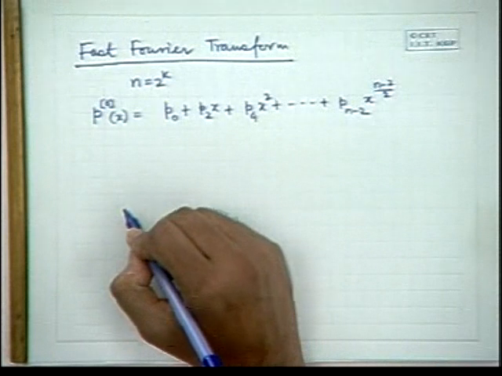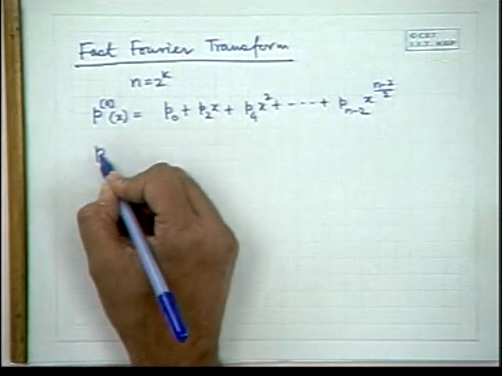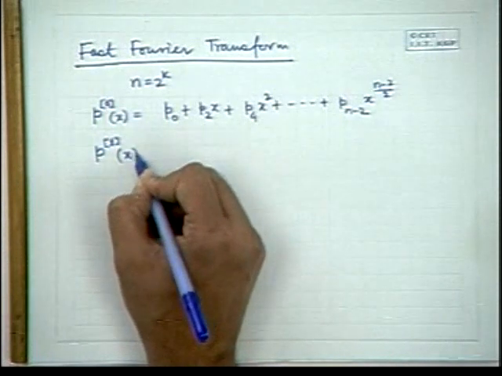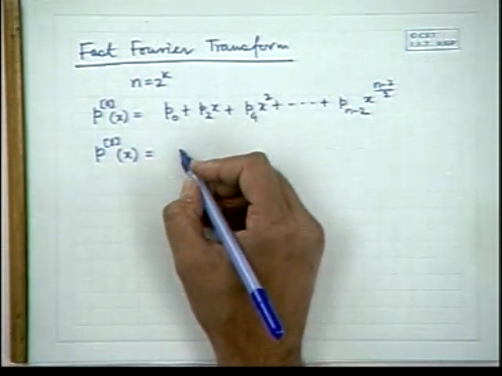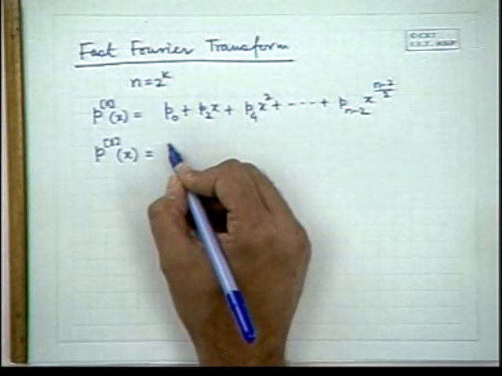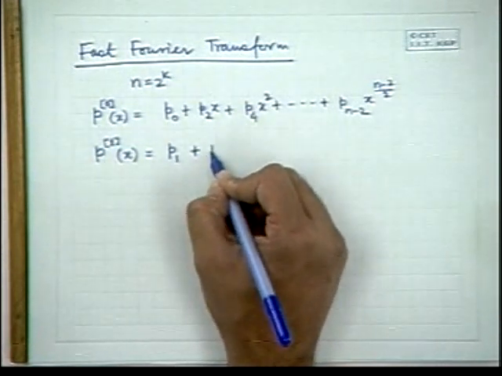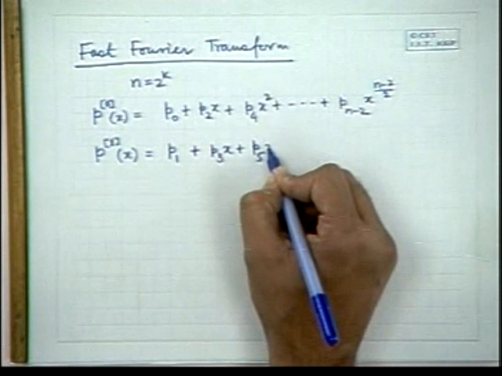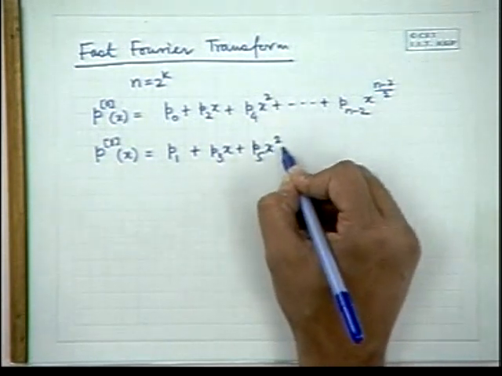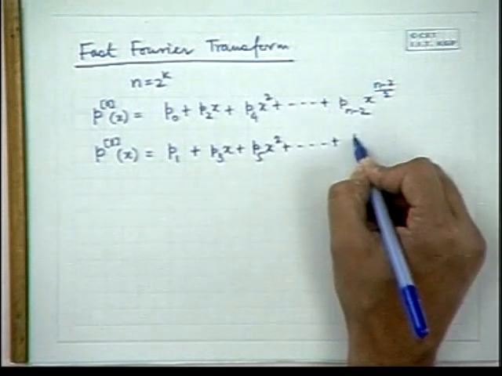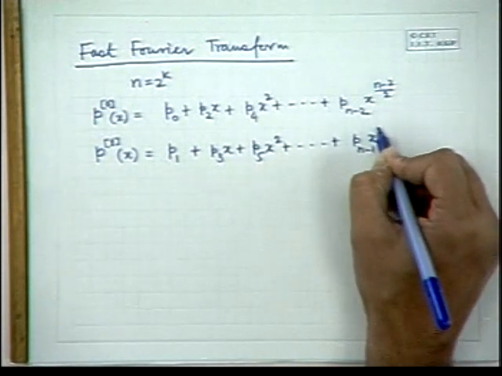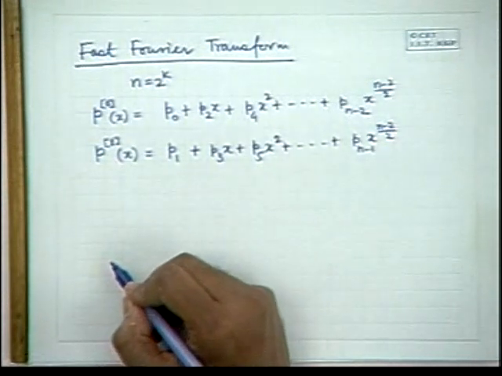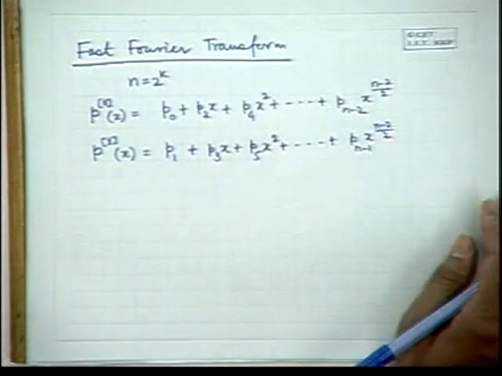Then the other part, p1 of x, takes care of the remaining coefficients: p1 plus p3 x plus p5 x square, going on up to pn minus 1 x to the power (n minus 2) by 2. So these are the two parts of the given polynomial.